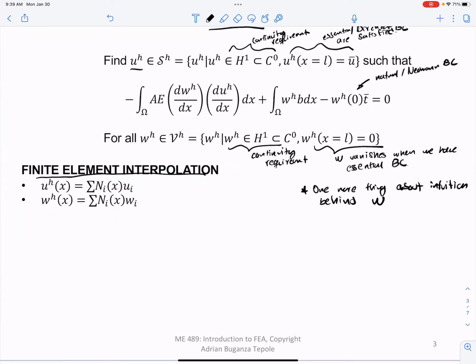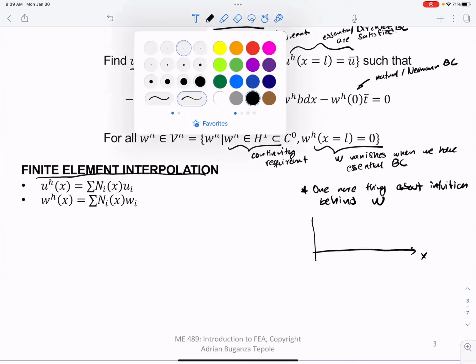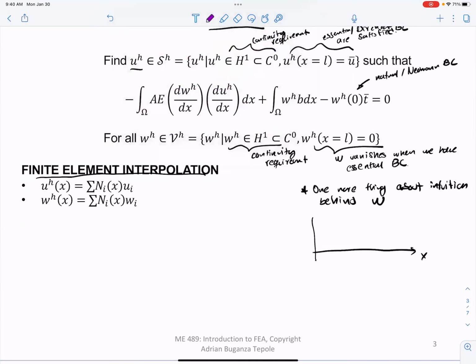And if you remember what I was drawing last class, what I was saying is that the W's allow you to sort of split the domain. Instead of the strong form, which asks for the PDE to be satisfied at every single point, what you can do is you can average the error with different W's. And you basically get as many equations as you pick W's.